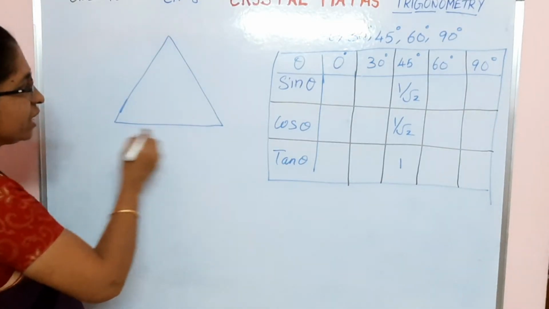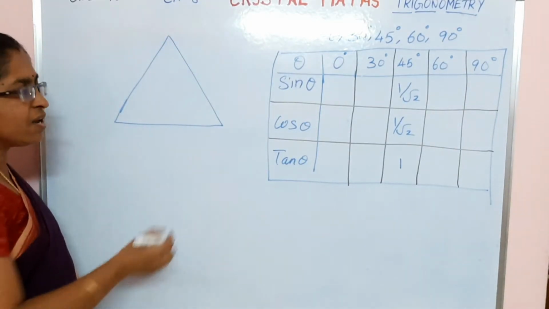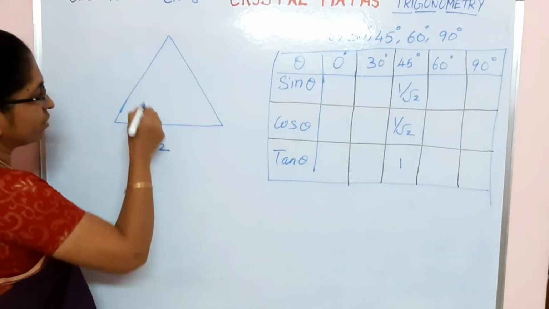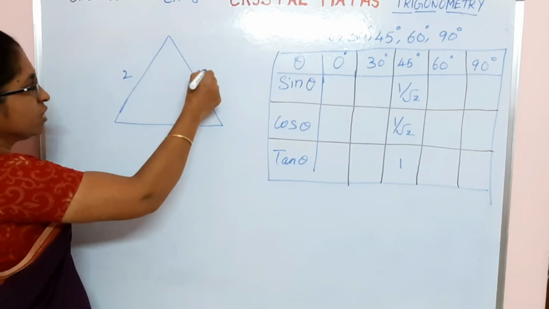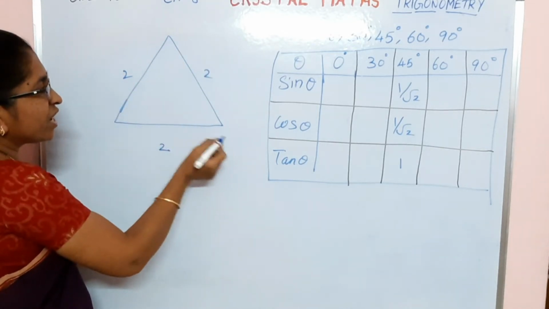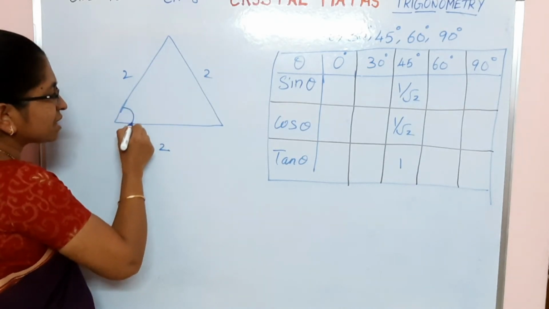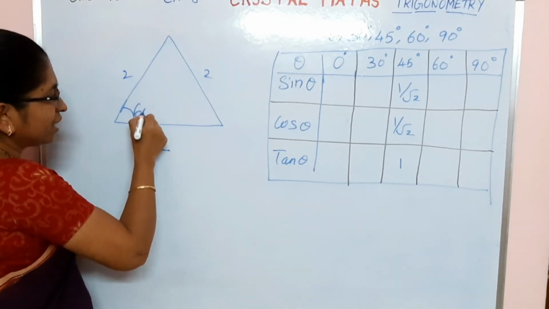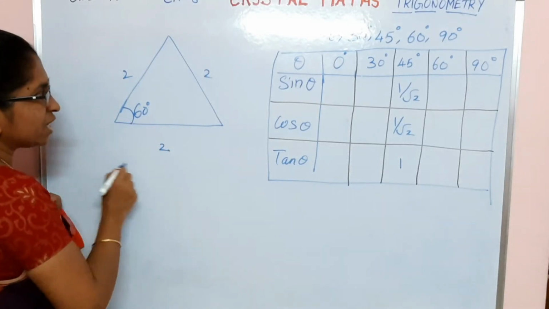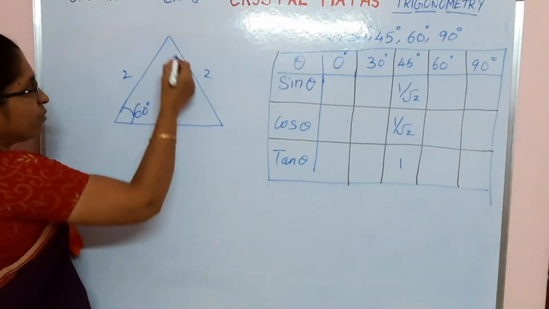And I have drawn an equilateral triangle with unit 2. That is, each side is 2 centimeters, 2 units, 2 units, 2 units. Equilateral triangle means each angle will be 60, right? So I mentioned it in one place only. Everything will be 60.